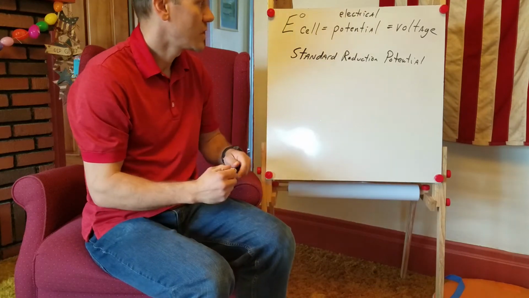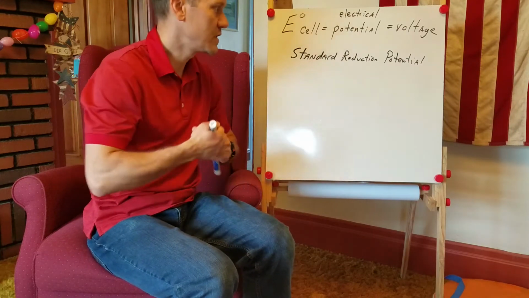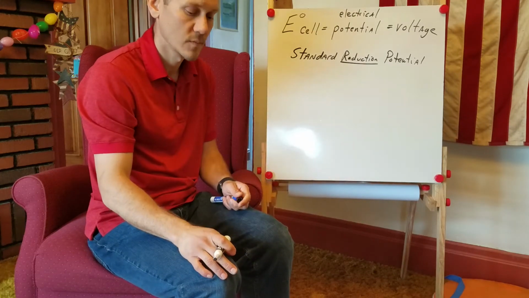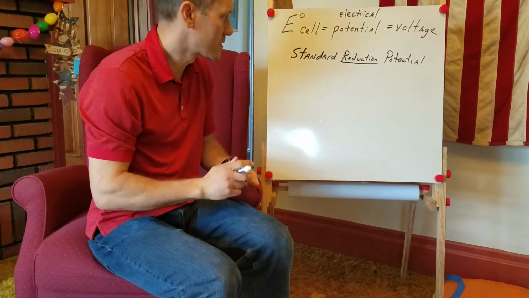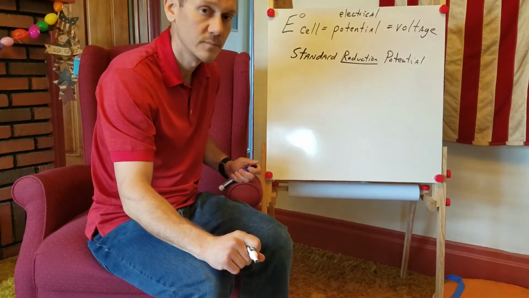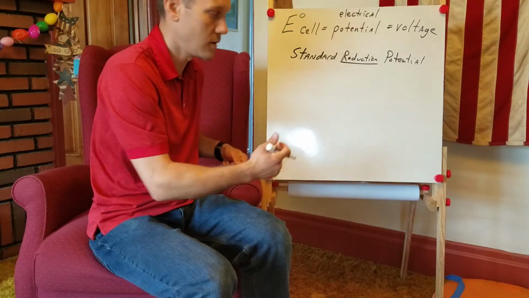So you know that it's redox, we have reduction and oxidation, but these are all listed as reductions. So you're going to have to flip one. So let's pick two metals. Actually, I had my wife pick two metals. She picked copper and iron. So we're going to use those two to set up a hypothetical cell.